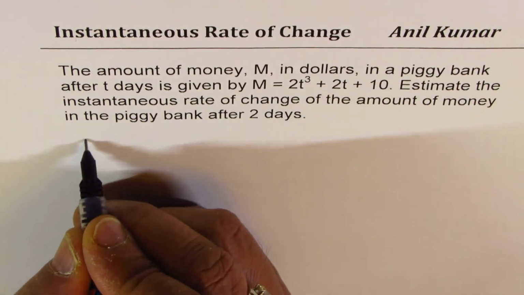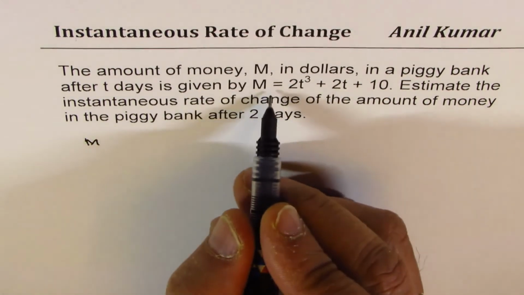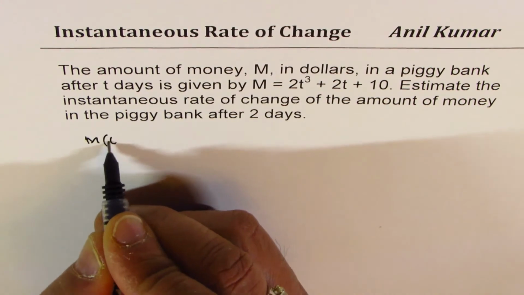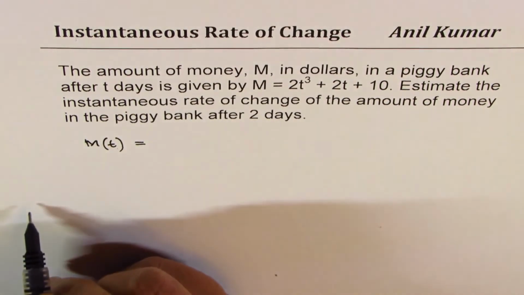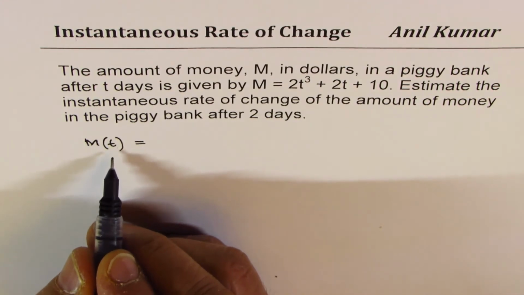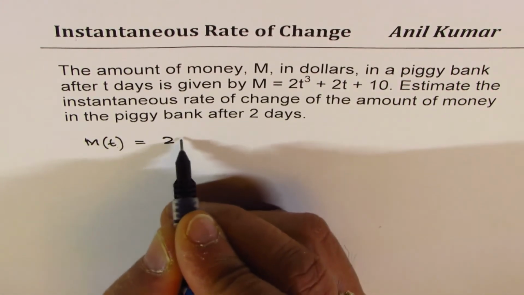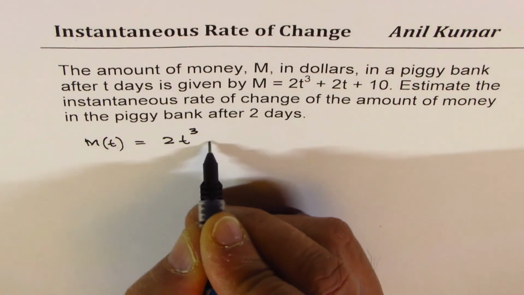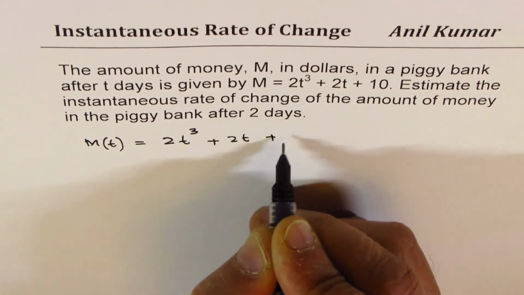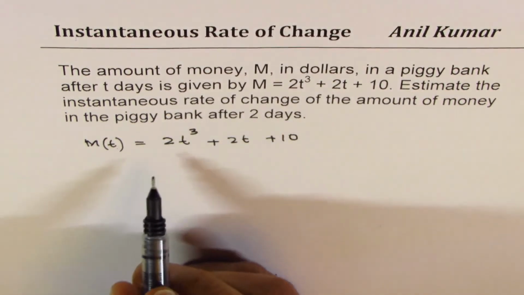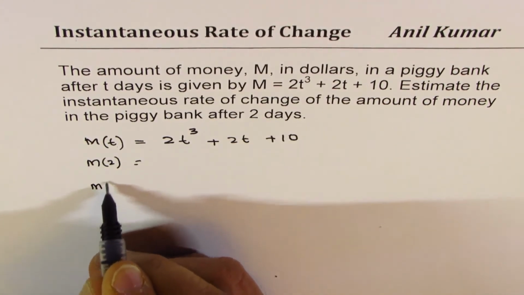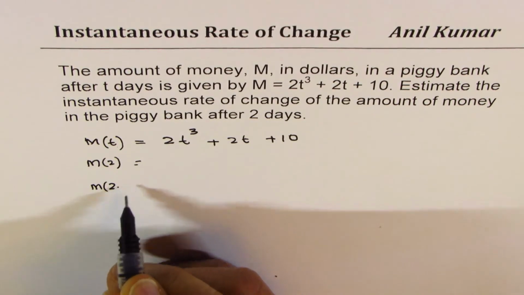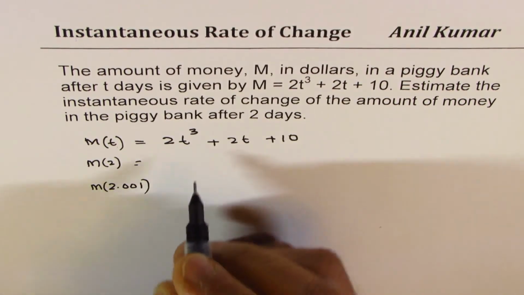So let's rewrite the formula first. When we have a function of time, I could write this money as a function of time, M of T. This is a good nomenclature, and we refer to this as function notation. So we have 2T cubed plus 2T plus 10. The idea here is we'll find this value for 2, and we'll also find this value for slightly more than 2, let's say 2.001.